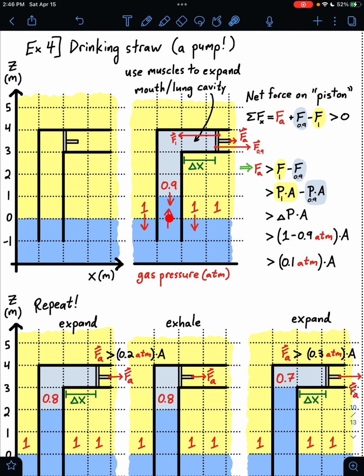You'd have to be sucking pretty hard to pull water up a full meter, but you could probably do that and maybe even pull it up another full meter with a 2 meter long drinking straw.